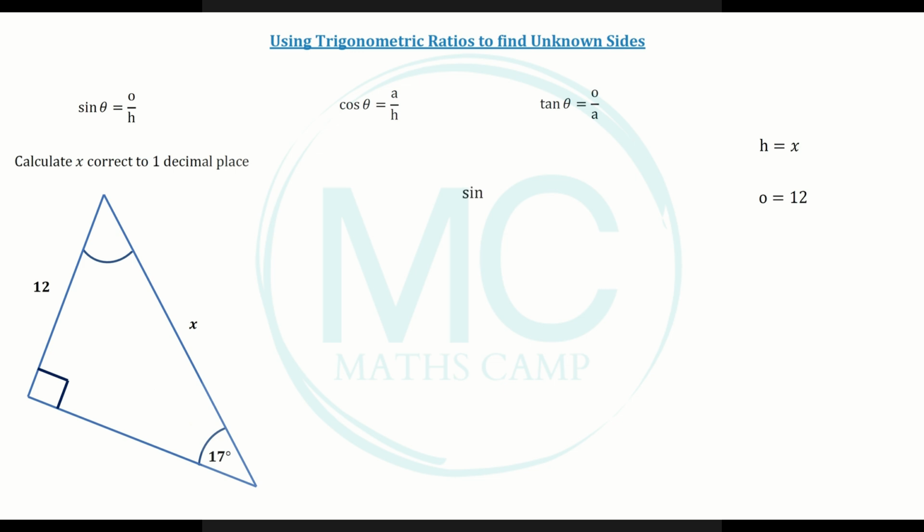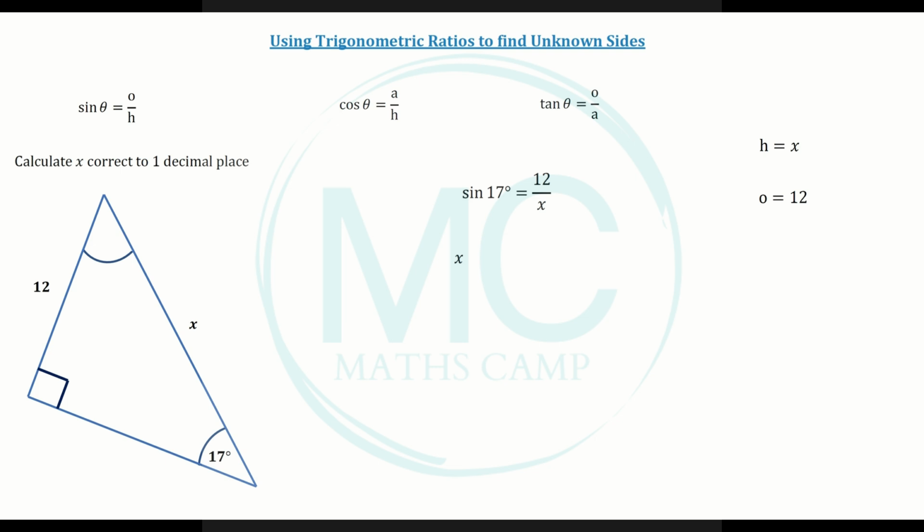So now we can say sine, instead of theta, let's use our angle of 17 degrees, is equal to the length of the opposite side, 12, over the hypotenuse, which is x. Now our next step is to get x out of the denominator of the fraction. And to do this, we multiply both sides by x.